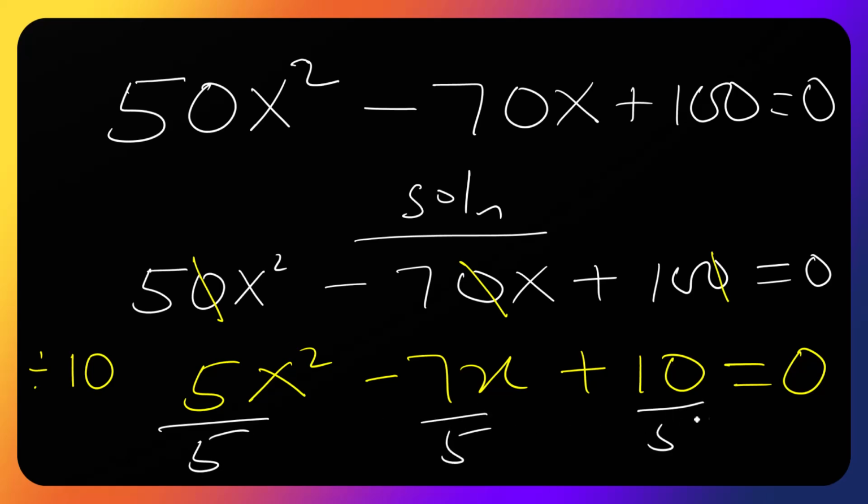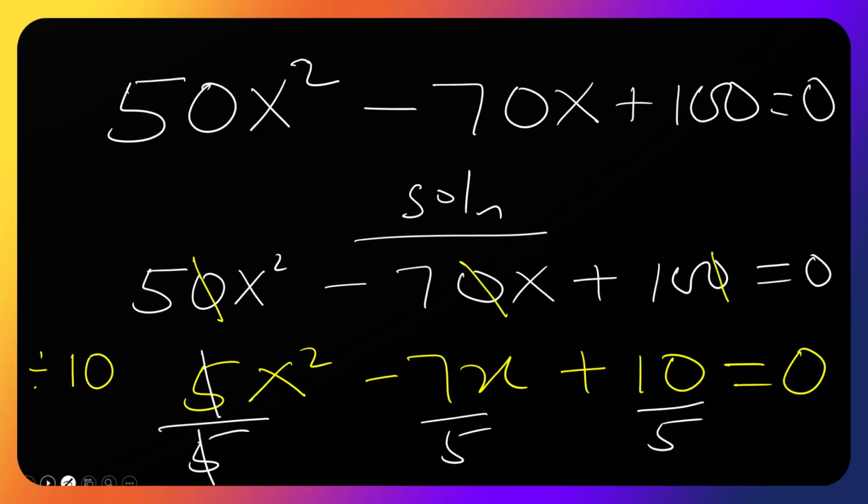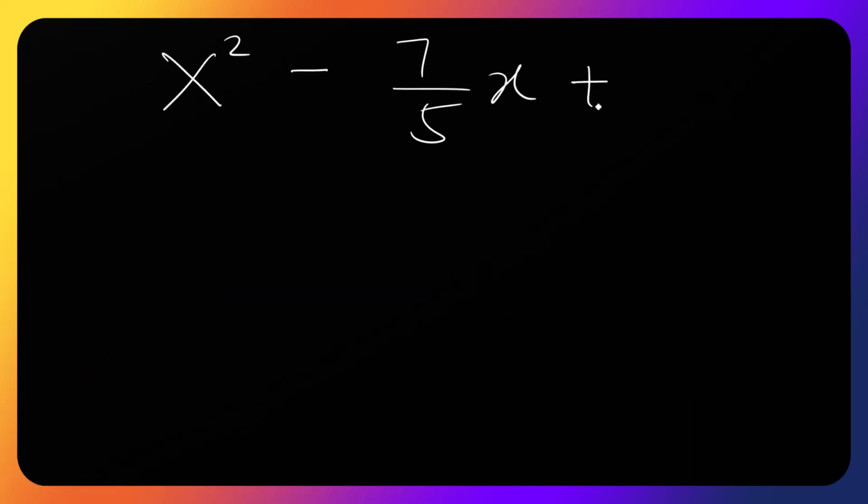So over 5, over 5. This one over 5 will still be 0. So this one will go, and this side will be x² - 7/5 x + 10/5, that will be 2.